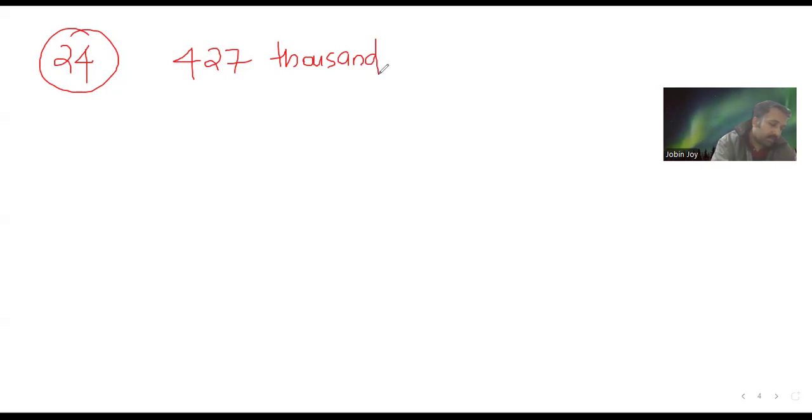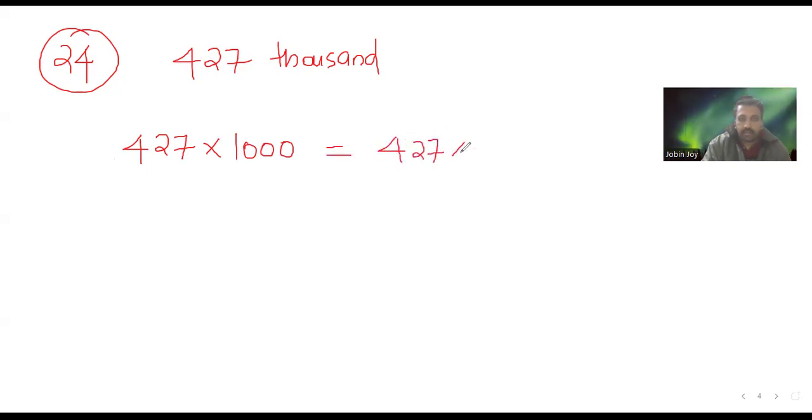So 427,000 means 427 into 1000. 1, 2, 3. So 1000 means 10 raised to 3. So in scientific notation, we can write 427 into 10 raised to 3.